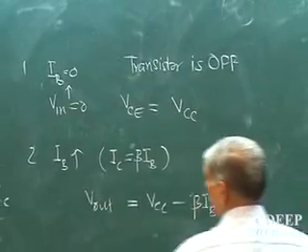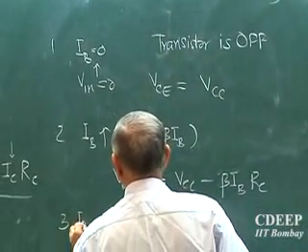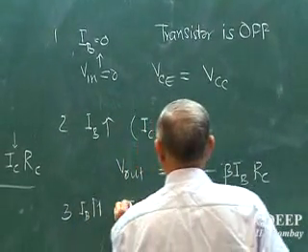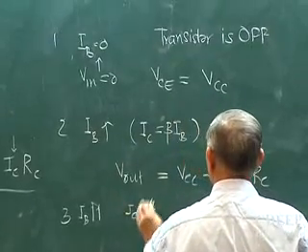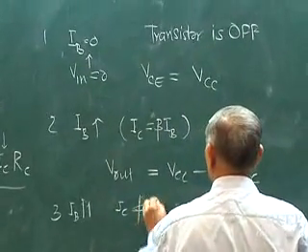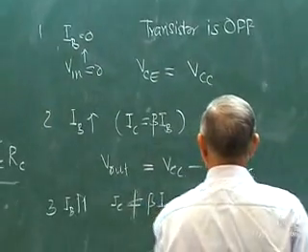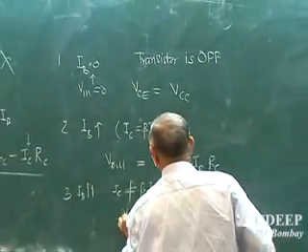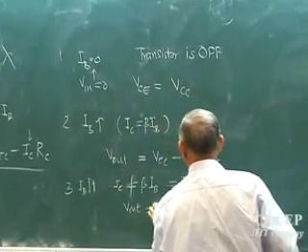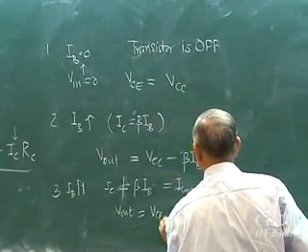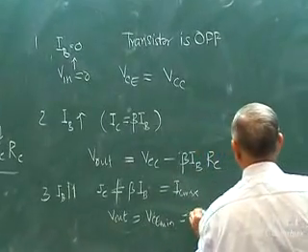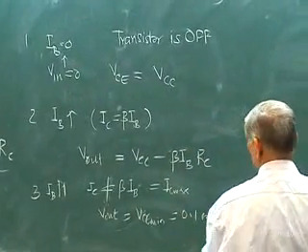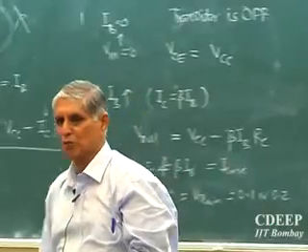Further, if I increase IB further, IC is not equal to beta times IB, but is equal to IC maximum, and then V out is VC minimum, which is typically 0.1 or 0.2 volt depending on what current levels I operate.